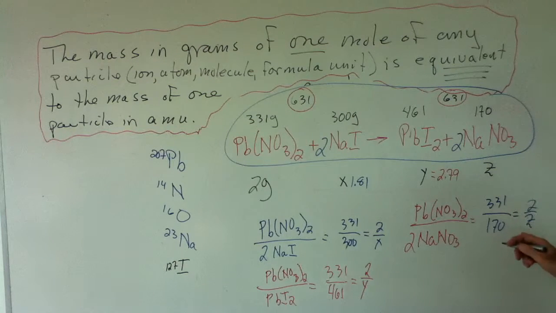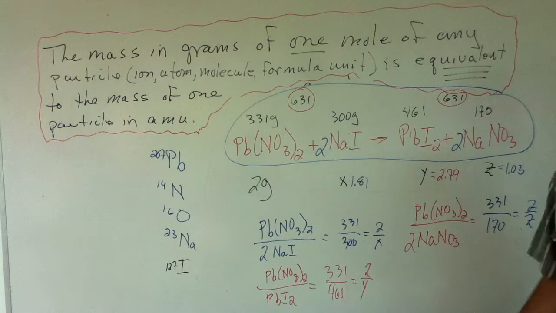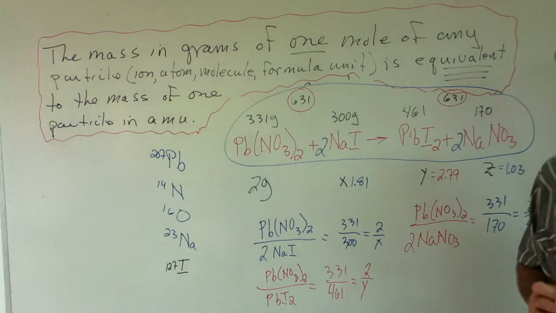Yeah. Okay. Z equals what? 1.03. Okay. 1.0. And that makes sense. About half. Yeah. Okay. And that's it. That is it.